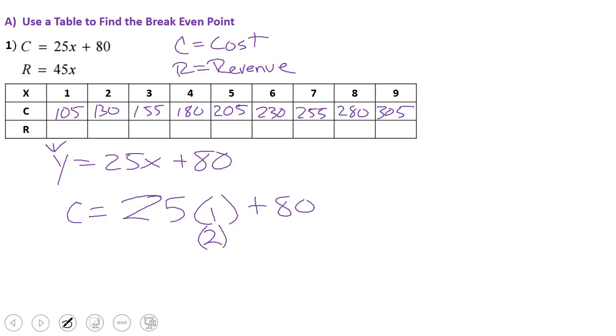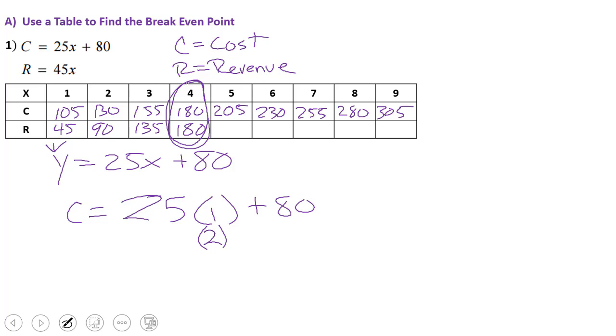What we're looking for is a number in the revenue column that is either equal to or greater than the cost column, because that will tell us when we start actually making money, when we've covered our expenses. So obviously 45 times 1 is 45, times 2 is 90, times 3 is 135, and then we get 180. We see right there, that's the break-even point.